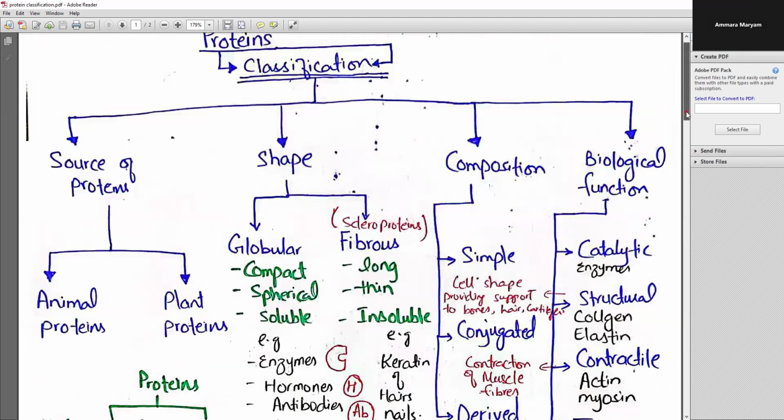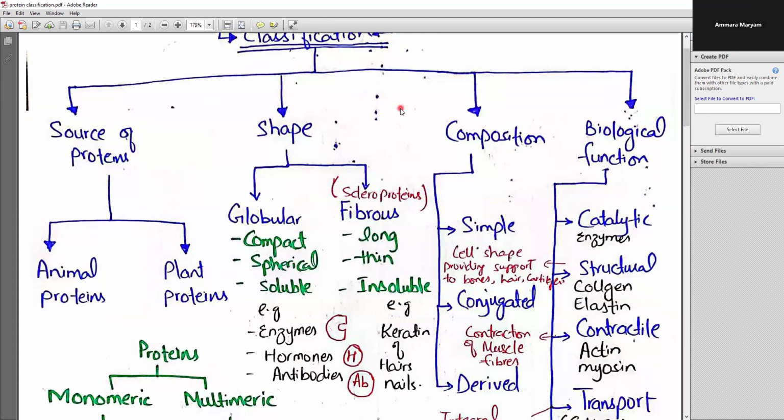So normally protein classification is based on their biological function, their composition, and their nature. Let's first look at protein classification on the basis of biological functions.